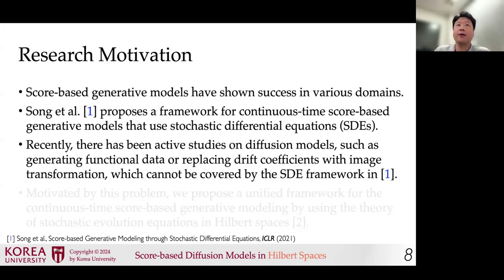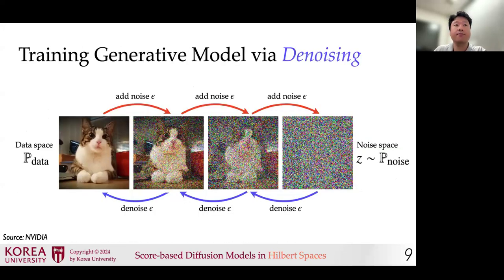And recently, there have been active studies on score-based diffusion models, such as generating functional data, or replacing a drift coefficient with deterministic image transformation, which cannot be covered by Song's original SDE framework in the finite dimensional space. Okay, so let me show you why this is.